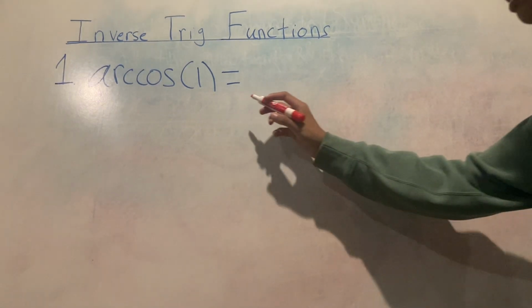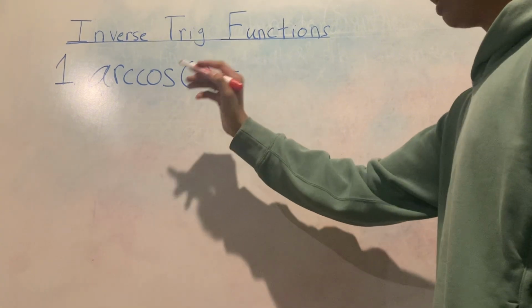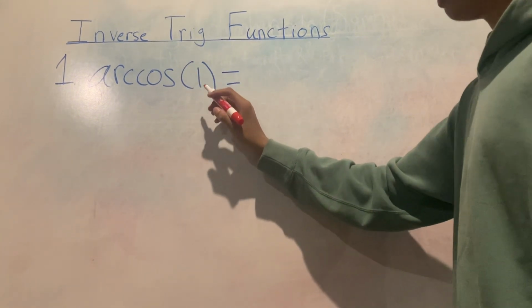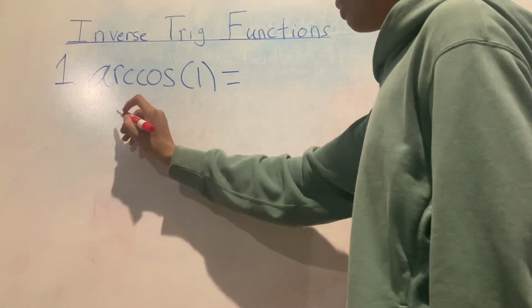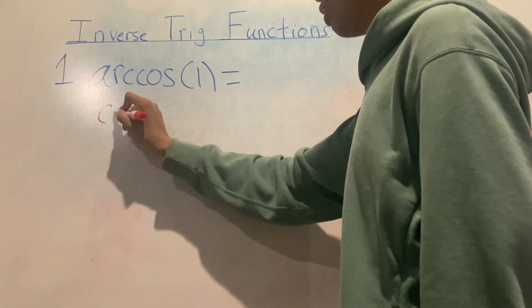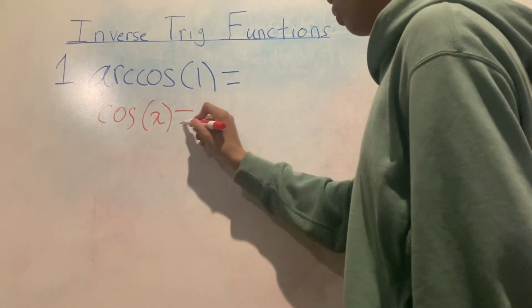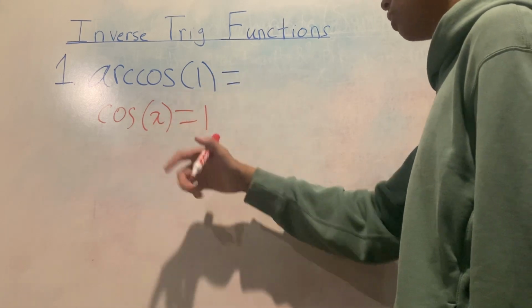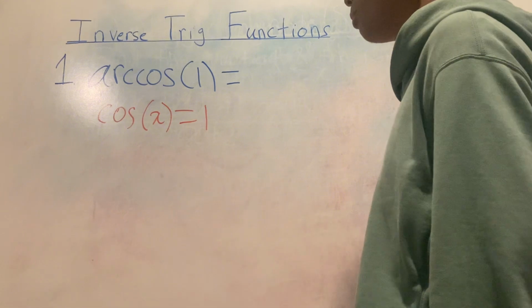Alright, so let's actually do some examples of these inverse trig functions. Let's evaluate arc cosine of 1. In the same format, this is the same thing as cosine x equals 1, where we replace x as 1 and A as x. Now cosine x equals 1 should be more familiar.